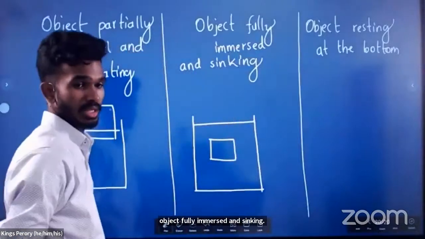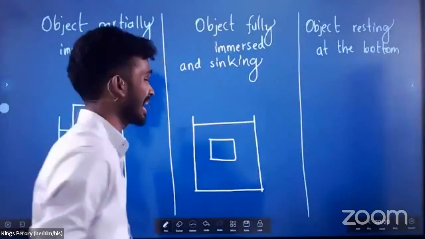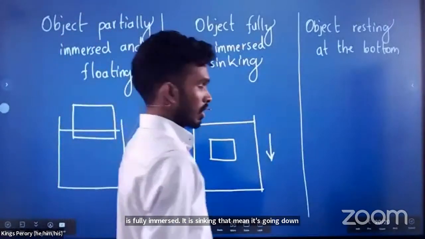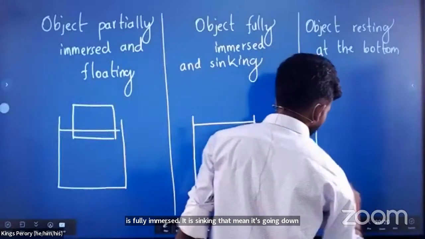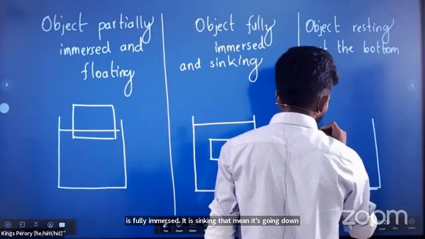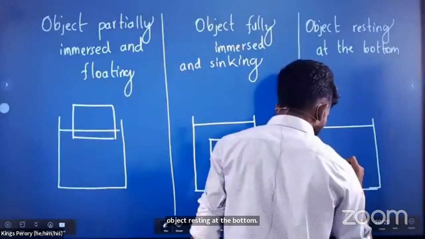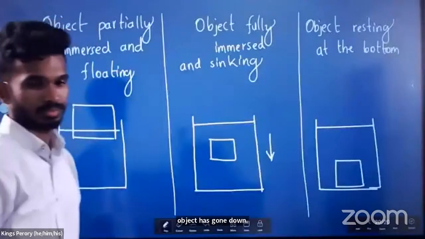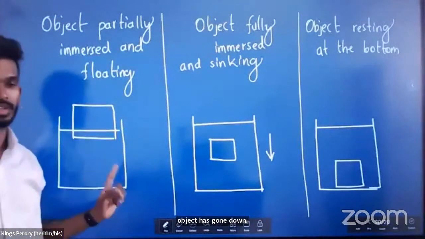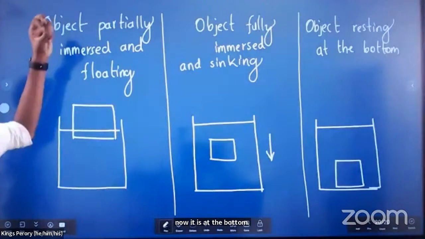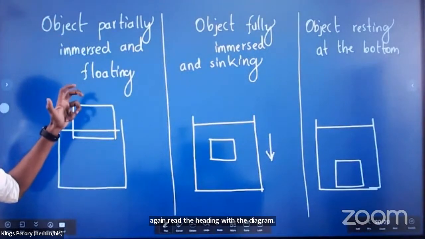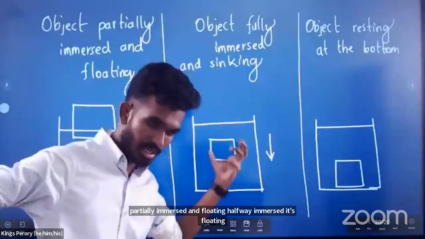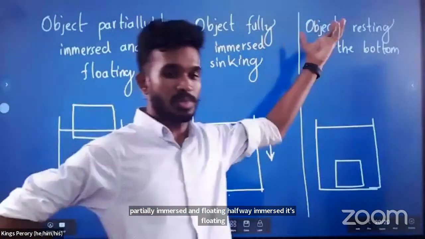Object is fully immersed. It is sinking. That means it's going down. Object resting at the bottom. Object has gone down. Now it is at the bottom. Again, read the heading with the diagram. Object partially immersed and floating. Object fully immersed and sinking. Object resting at bottom.